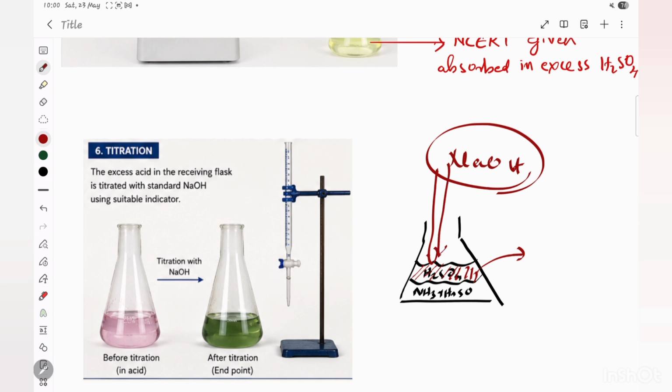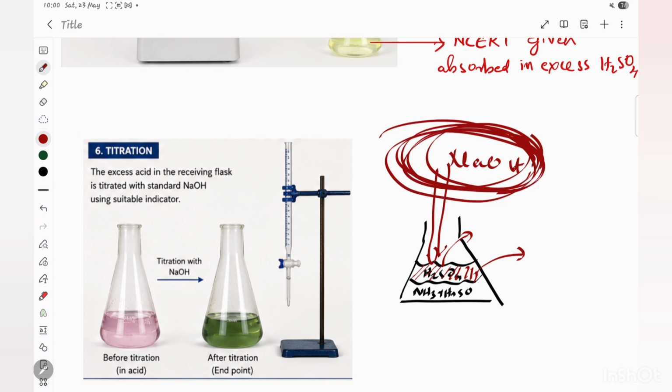Now if I find out how much NaOH is used for this titration, then I can find out how much H2SO4 is used in the titration.